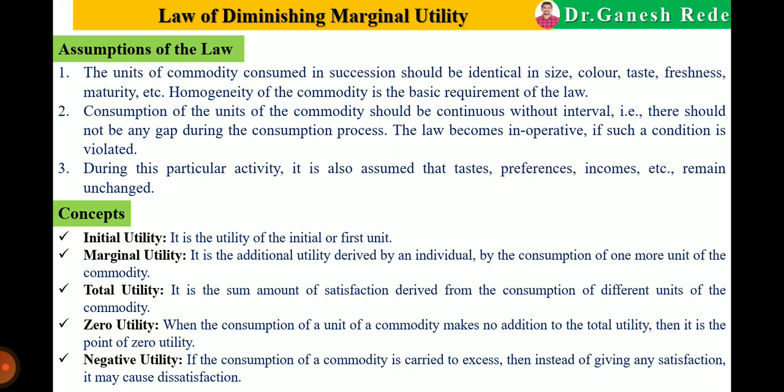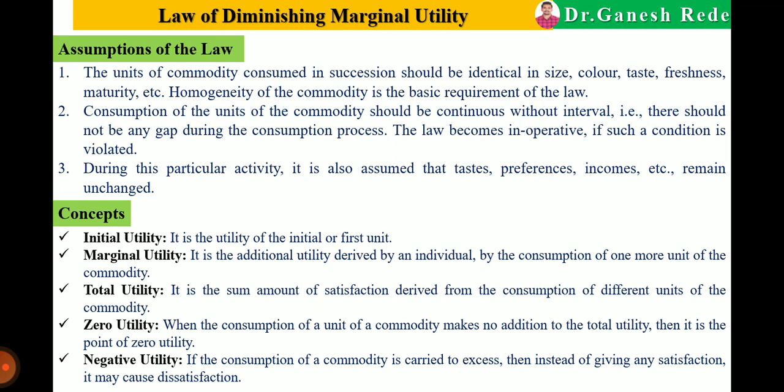That is negative utility. Suppose your stomach is full and you still eat another unit of the commodity, it will lead to dissatisfaction. That is negative utility. So these are the assumptions and concepts of the law of diminishing marginal utility.